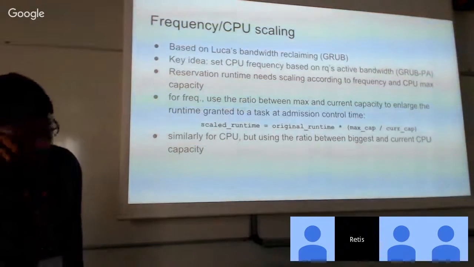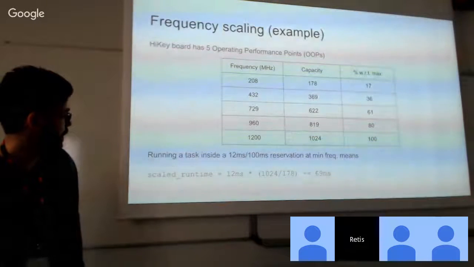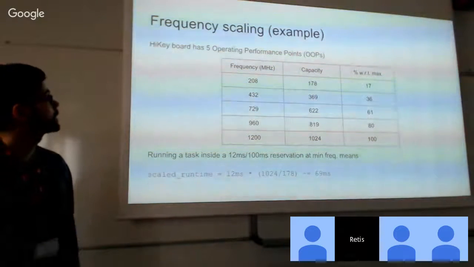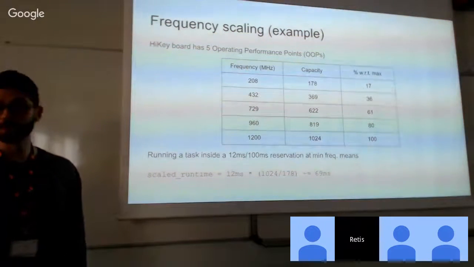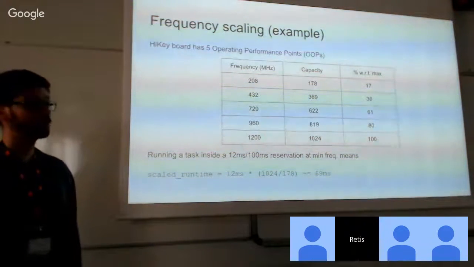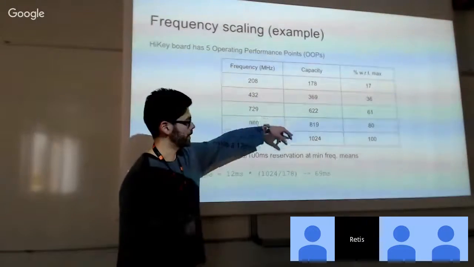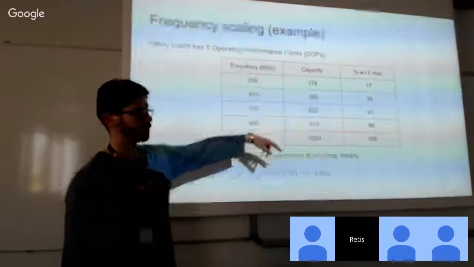Yeah. So this is actually pretty simple, but I still have an example. This example runs on an ARM board which has 5 operating points, and this is actually the capacity. So the capacity scale is 1024.